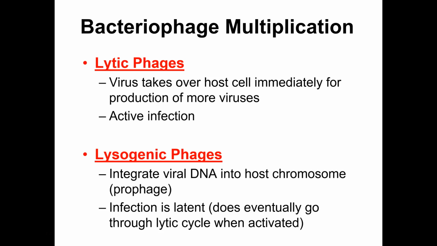Now, we'll also get into lysogenic phages. We have a little bit of time for that today. Lysogenic phages are curious because they can do everything a lytic phage can. They can go through an active infection if they so choose, but they have an added bonus. Lysogenic phages have the ability to go dormant. And they do that by putting their DNA into the host's chromosome.